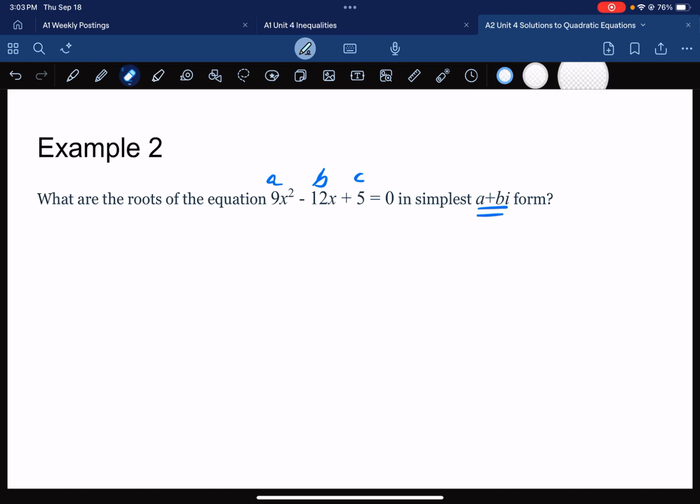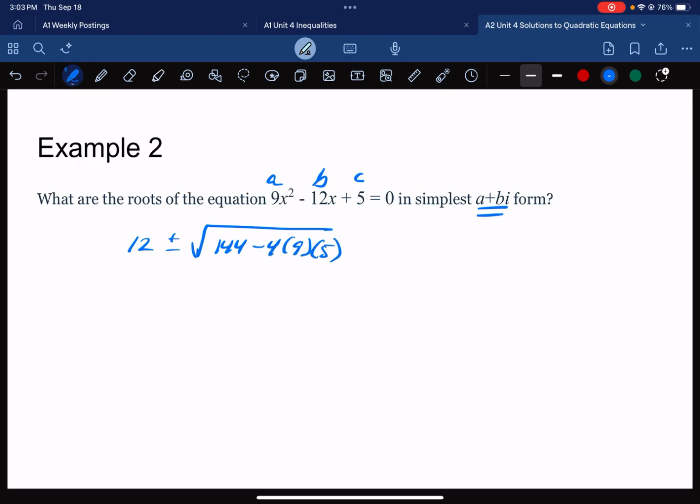So we're going to go with the opposite of b, which is positive 12, plus or minus 12 gets squared, which is 144, minus 4 times a times c over 2 times a. And so we've got 144, that stays a minus, and 4 times 5 is 20, times 9 is 180. So we got 144 minus 180, or negative 36, so that's nice.